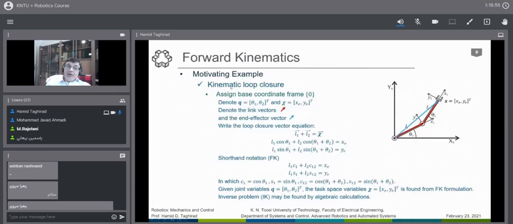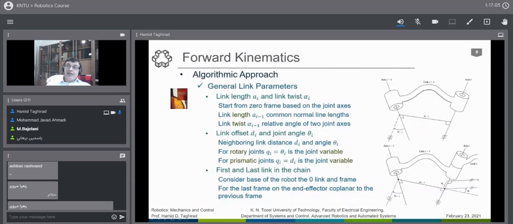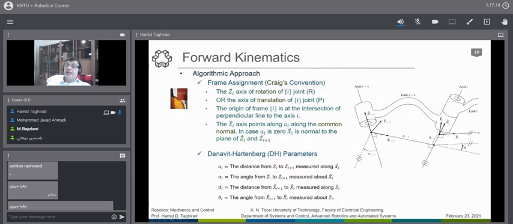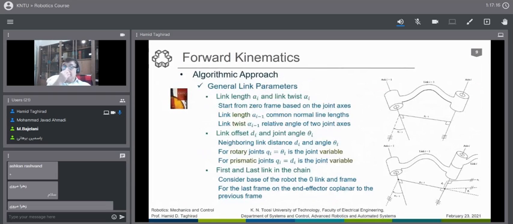This is completely geometrical and conceptual, but unfortunately Craig and also other books give some description for the links and the joints parameters, but I will not recommend you to always use them.